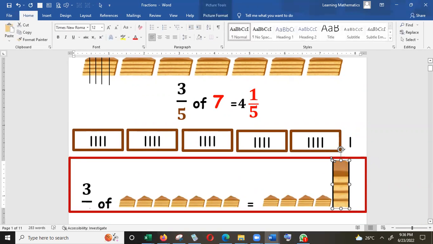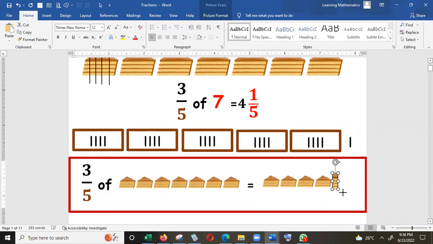Let's reduce this in size to make it look like 1/5. Just a slice of a piece, 1 out of 5 equal slices. So 3/5 of 7 equally sliced cakes is equal to 4 whole ones and 1/5 of 1. 3/5 of 7 is 4 and 1/5.